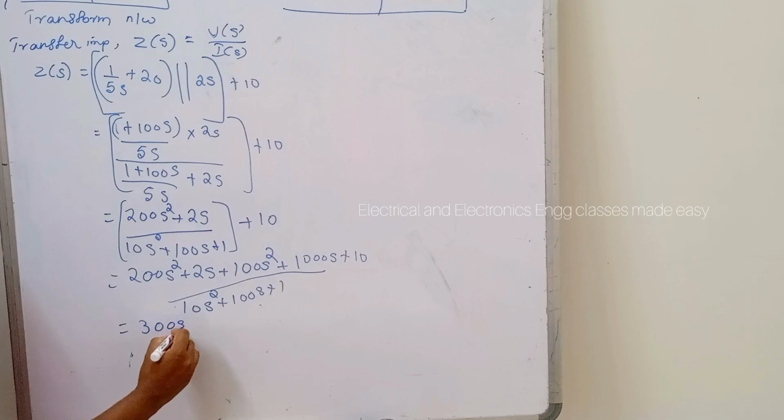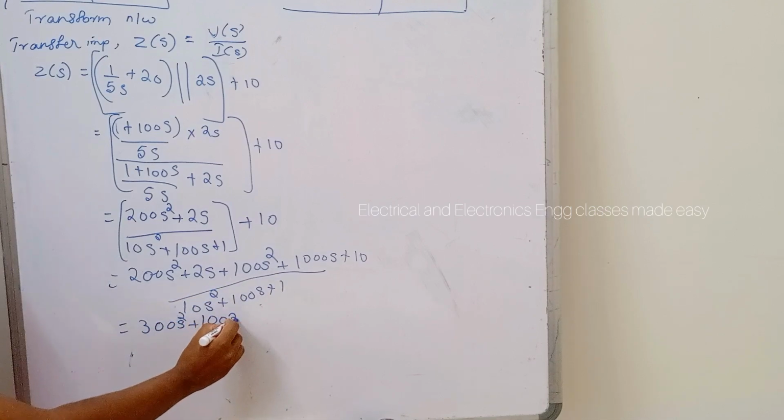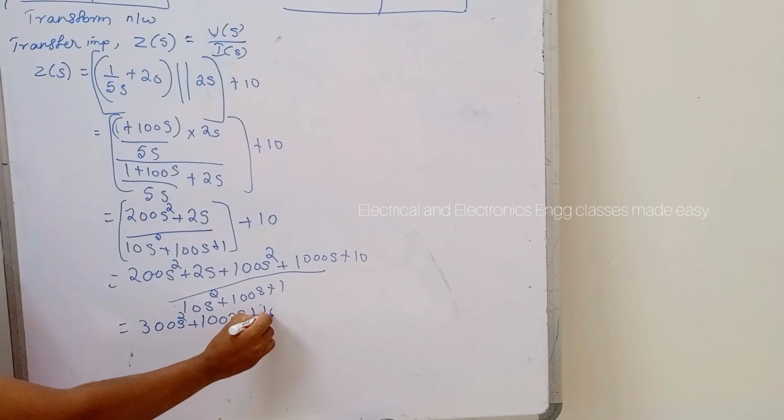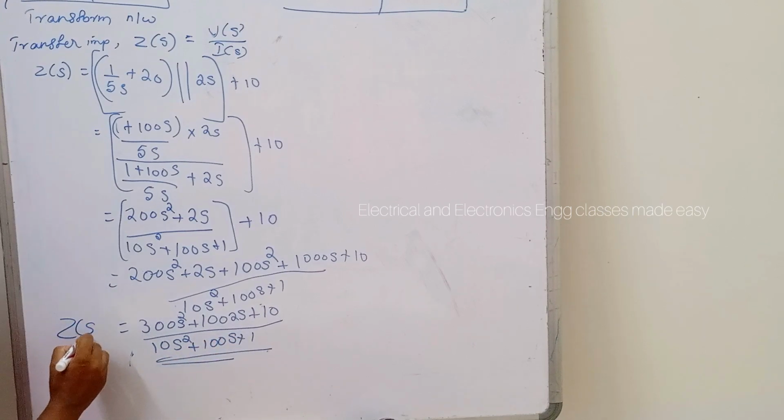So 300S square plus 1002S plus 10 divided by 10S square plus 100S plus 1. So this is the value of Z of S, that is the transfer impedance.